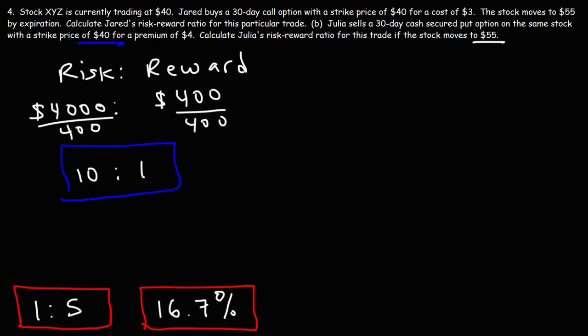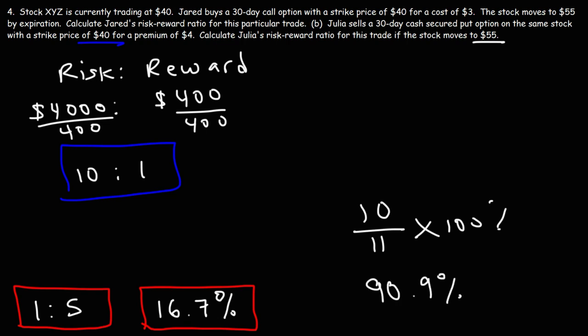So in order for her to break even, it's going to be 10 over 10 plus 1, or 11, times 100%. So the minimum win rate that she needs in order to break even is 90.9%. So she needs to be at least right 9 out of 10 times in order for this trading system to be successful.